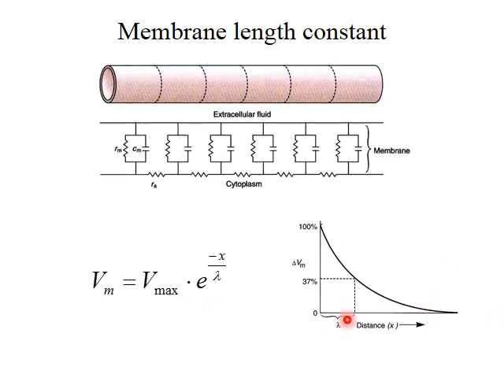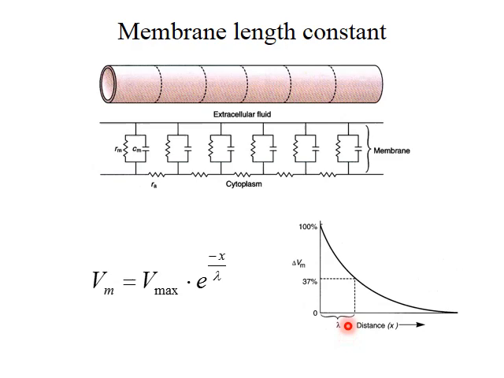Now, just as the membrane time constant had a specific value tau, which described how quickly the voltage changed as a function of time, lambda, the length constant, describes how the voltage decays as a function of distance.